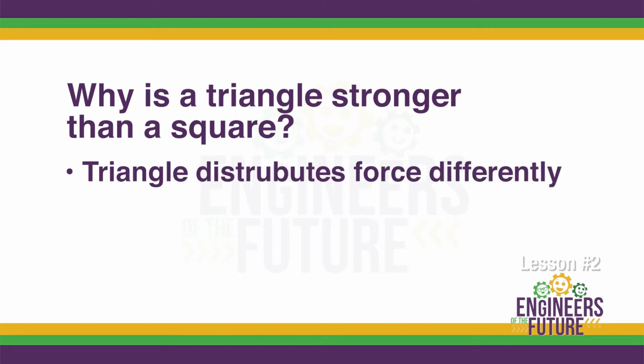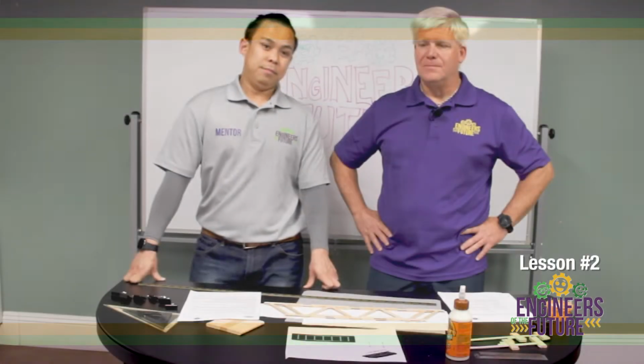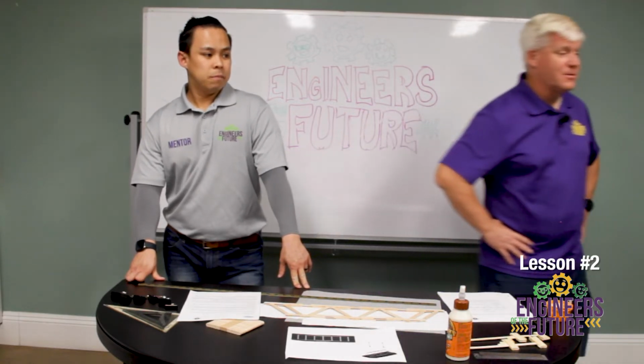A triangle distributes or carries a force differently than a rectangle or square. The nature of a triangle means that it cannot be deformed without breaking a vertex or member. A square can deform to a four-sided polygon without breaking any member or vertex. Think about a cardboard box.